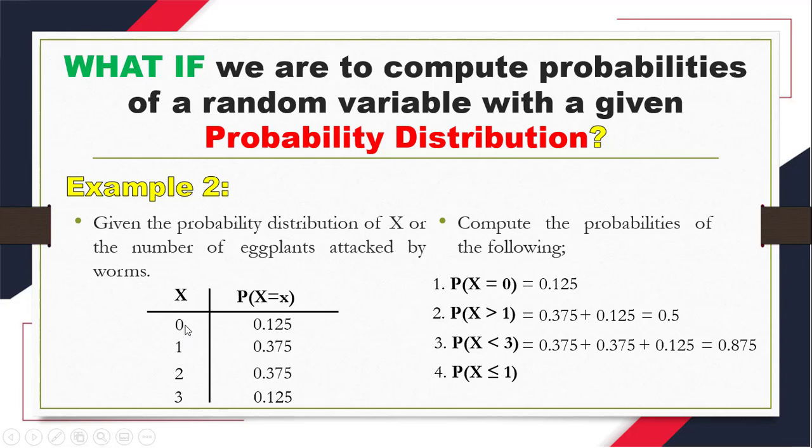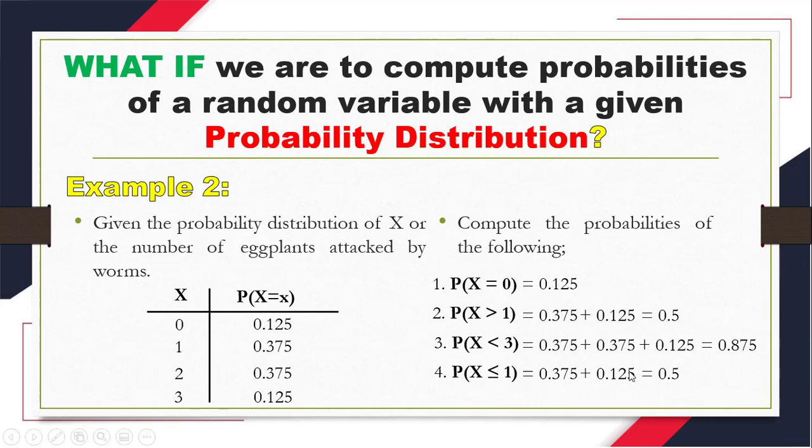So, that is 1 and 0 for the values of X. The corresponding probabilities for 1 and 0 are 0.375 and 0.125. We only need to add these. So, the probability of X less than or equal to 1 is 0.375 plus 0.125, which is equal to 0.5.